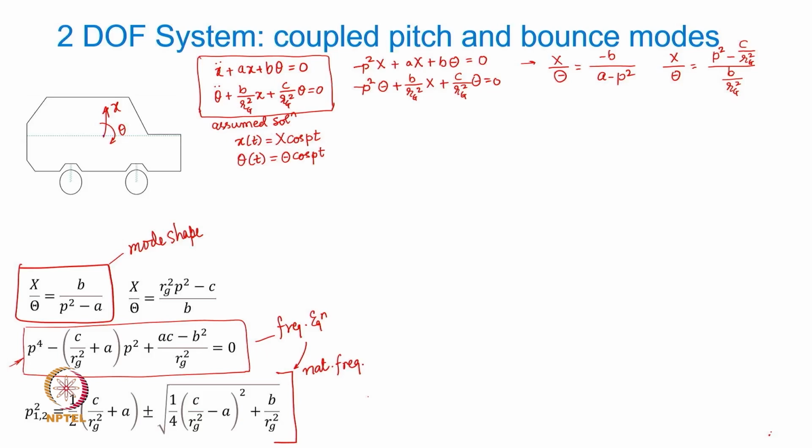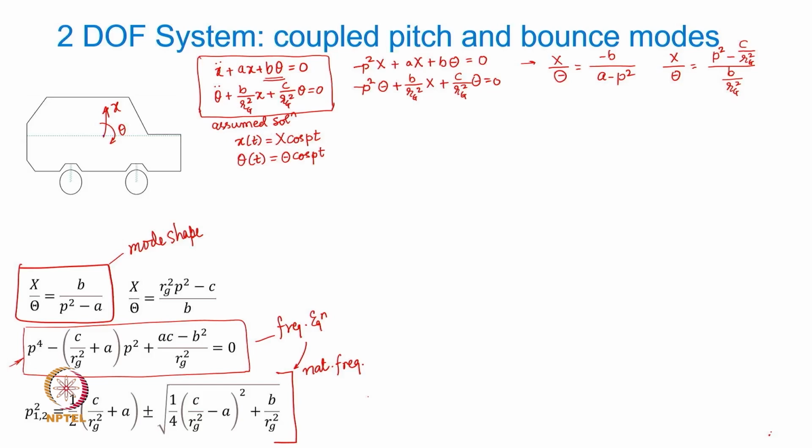Now, what is important is we have not assumed B to be 0, which means that B being non-zero, the two equations define the coupled pitch and bounce motion. That means whenever there is a bounce, there is going to be a simultaneous associated pitch, and vice versa.